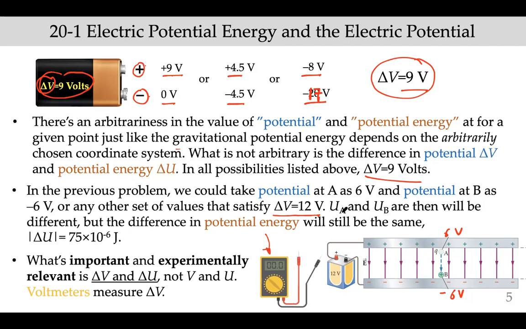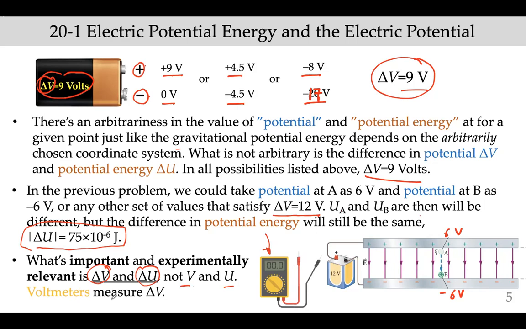So the potential energies at A and B will be different, but the difference in potential energy will still be the same. So it will be the same number. What's important and experimentally relevant is the differences in potential and potential energy, not potential and potential energy themselves.